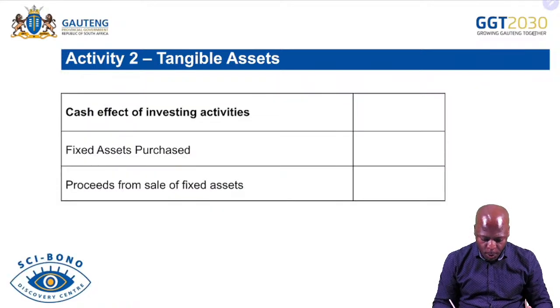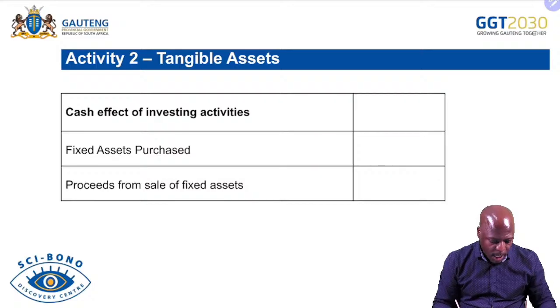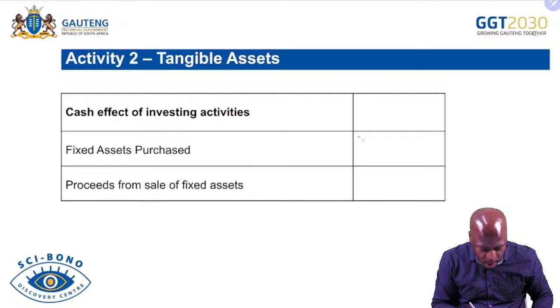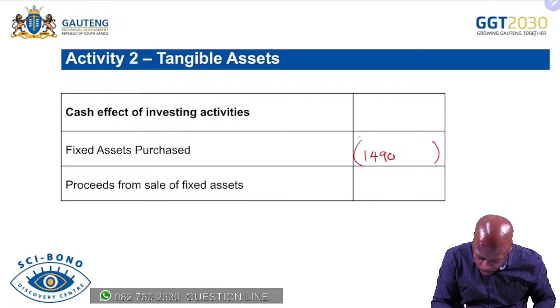I want you to see now, when we come here, I'm saying my fixed assets purchased. Remember, purchased means cash outflow. So I'm going to have my 1,490,000. But at the same time, I've sold an asset for 48,000. Should I put a bracket?